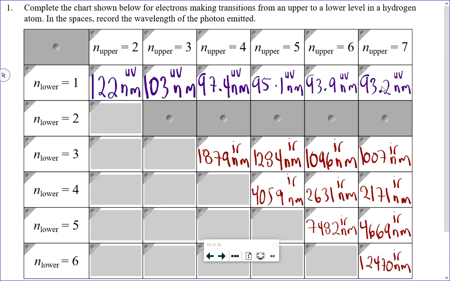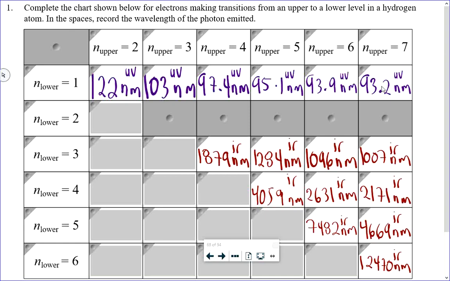So because of that big gap between 1 and 2, anything down to 1 is a huge amount of energy, which is ultraviolet. Because of the crowding together of the energy levels from 3 up, because they're so close together, they're all infrared. There's a sweet spot that produces some visible light.